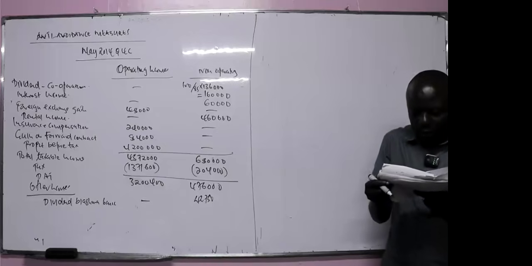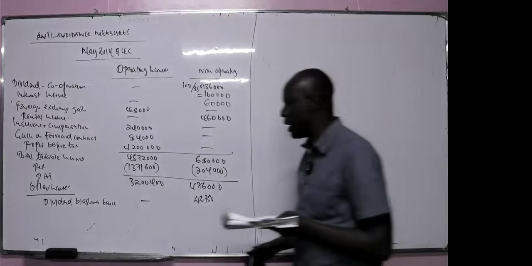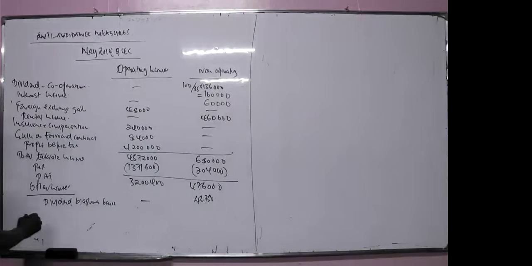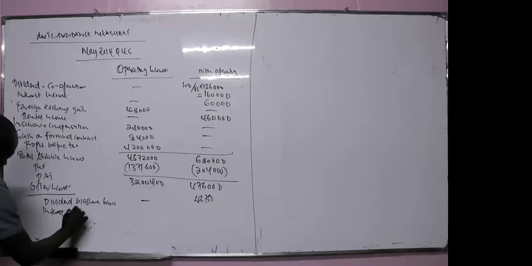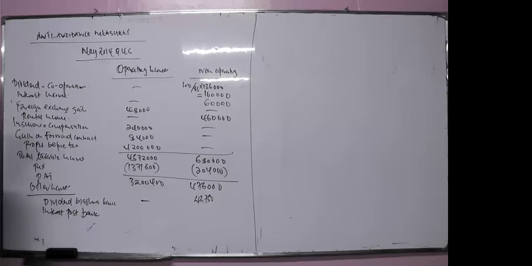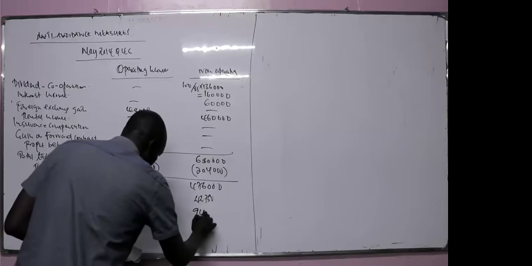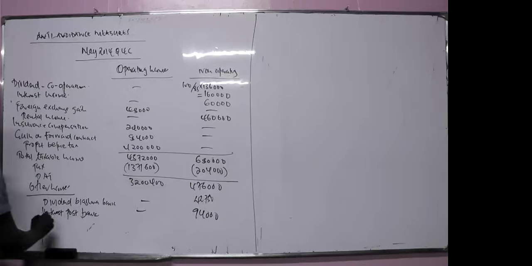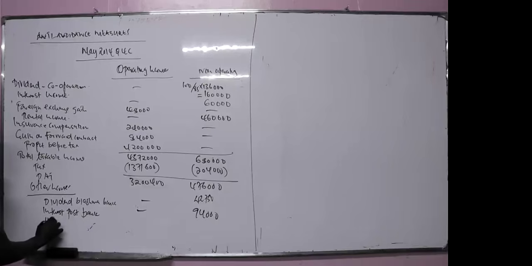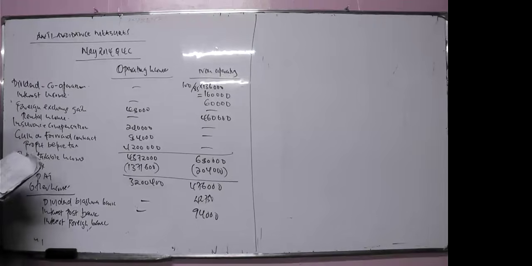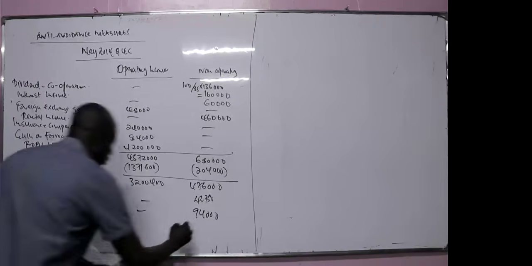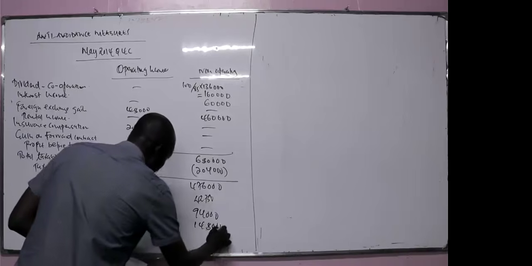And then we have interest post bank. How much? 94,000. And then foreign interest, foreign bank. How much is it? 148.